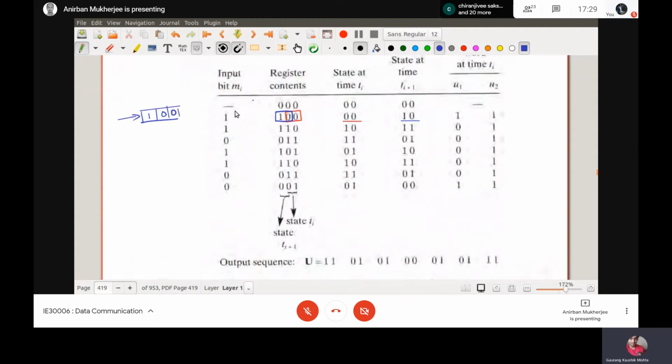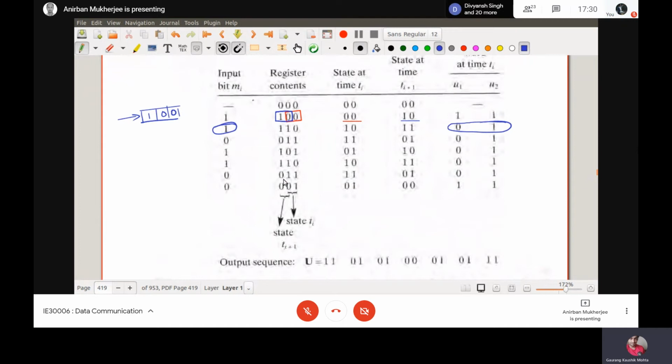It depends on this input. That means each output is dependent on this input, and this input is this one, and the states, that means the state, is the register content. This input has moved here. See that the first block is the same input.